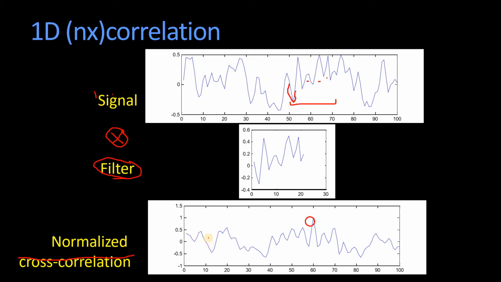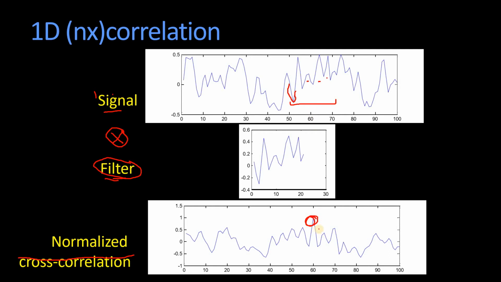When I interpret this result, it will give me some values. We are not interested in those values, but out of those values, wherever this filter matches the signal, at that place the result of the correlation will have the maximum value.